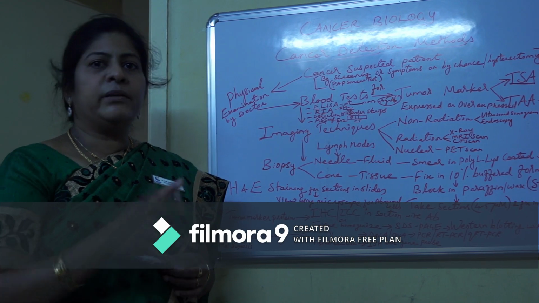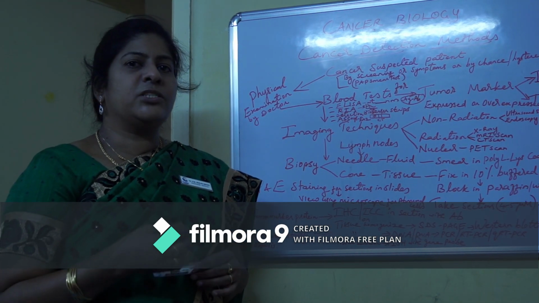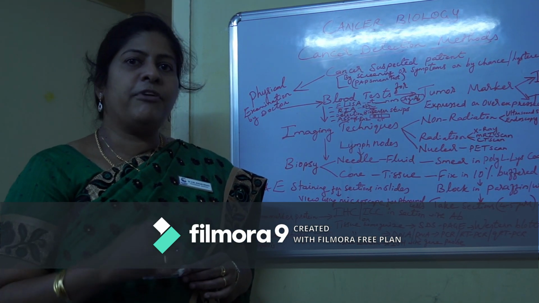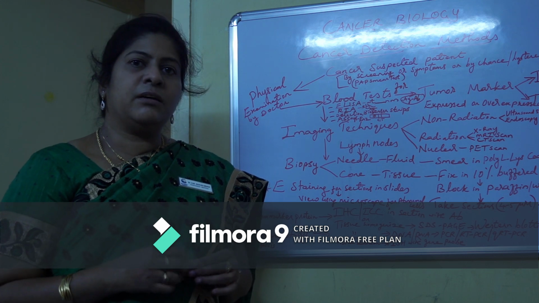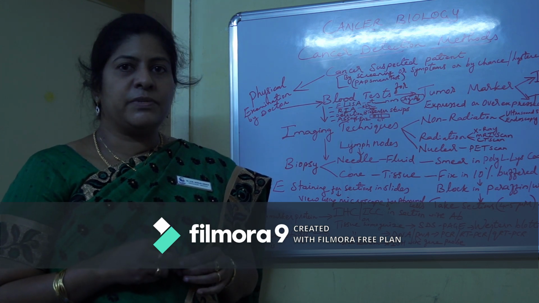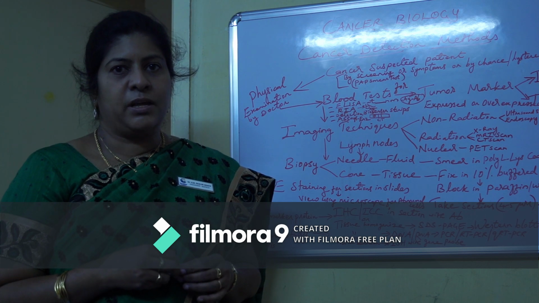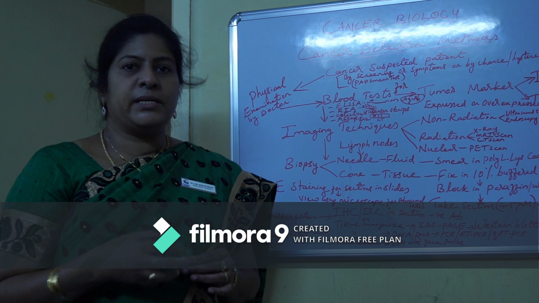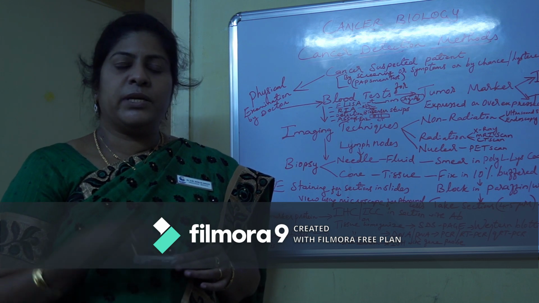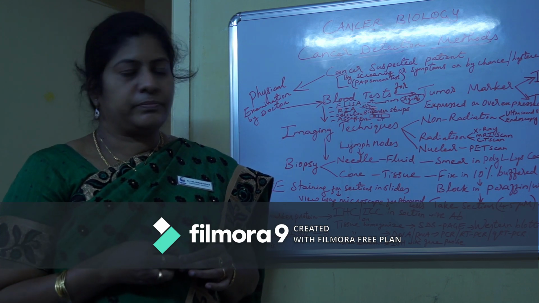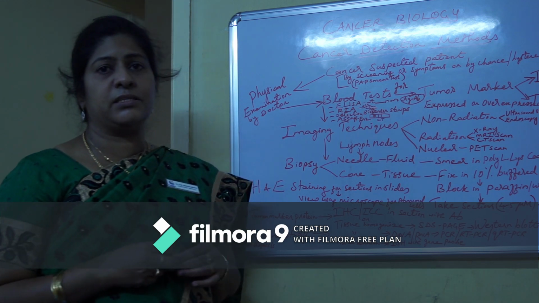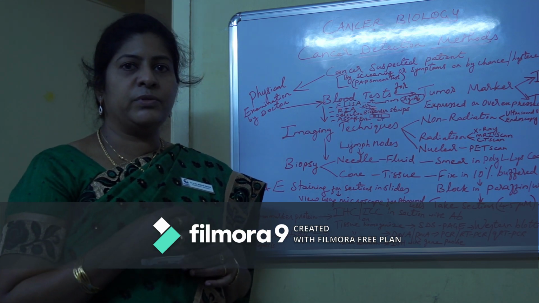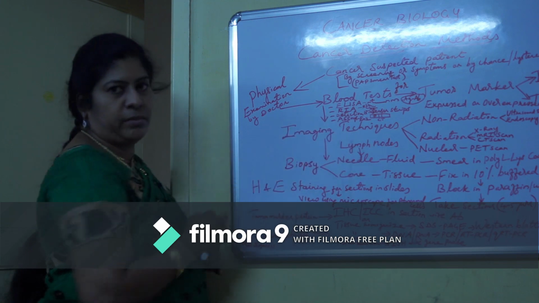Very commonly used markers identified in cancer patients are carcinoembryonic antigen and alpha fetoprotein. And we have a specific marker for prostate cancer called PSA, prostate specific antigen.